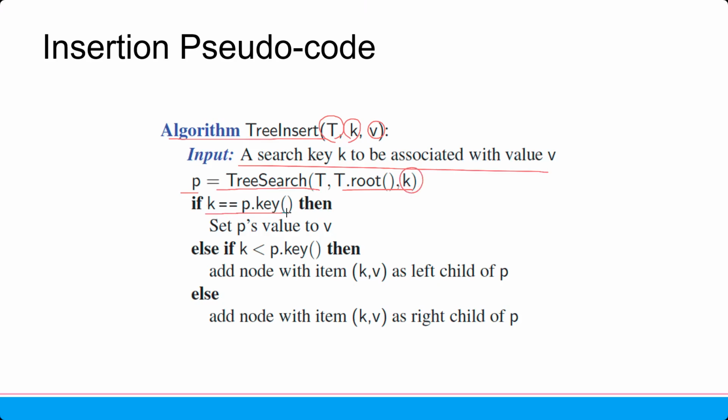Now we need to check whether k is the same as the key of p or not. If it is the same, then set p's value to v. But if it is not, go to the left. And if it is not, go to the right. So this is going to the left, and this is going to the right.